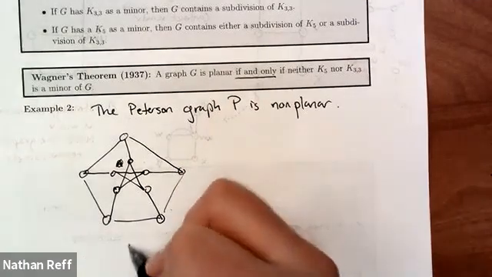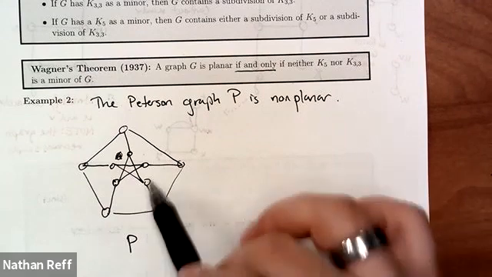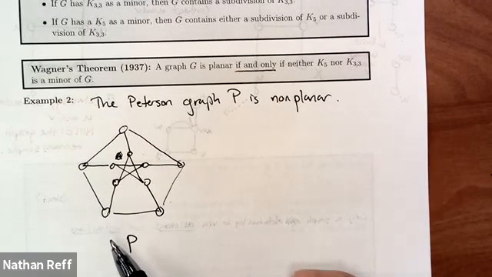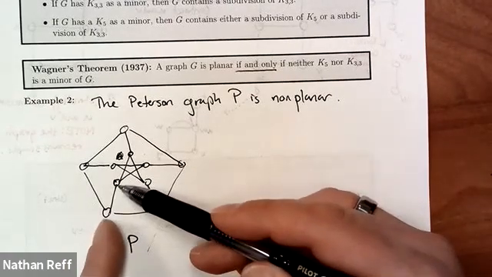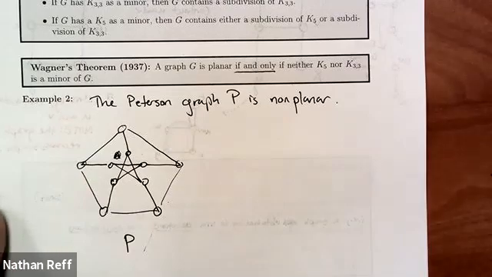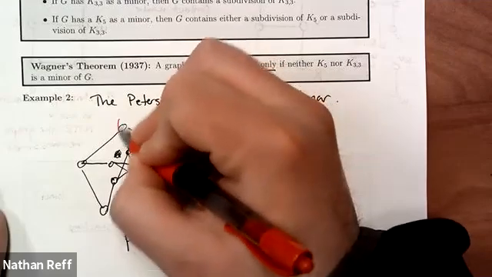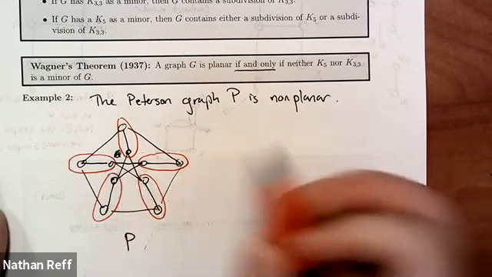If you stare at this, in the way that's drawn, can you think of a way to delete or contract edges and vertices if you want? So via deletions or contractions, can you produce either a K5 or a K3,3? This kind of looks like a K5, doesn't it? K5 is a pentagon with a star. So if I could just make the star go out here, then I'd be done. Do you see that if I just contract, contract, contract, contract, contract, what do you get?